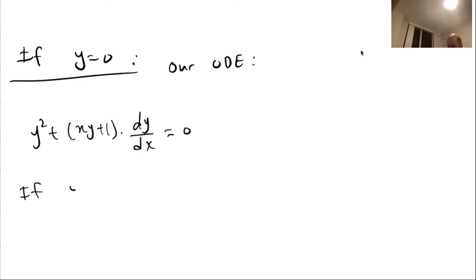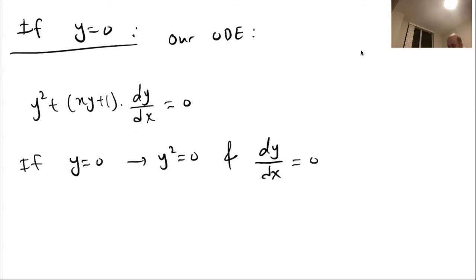If y equals 0, then y squared will be 0 and dy to dx will be 0. So that means the equation will be satisfied.